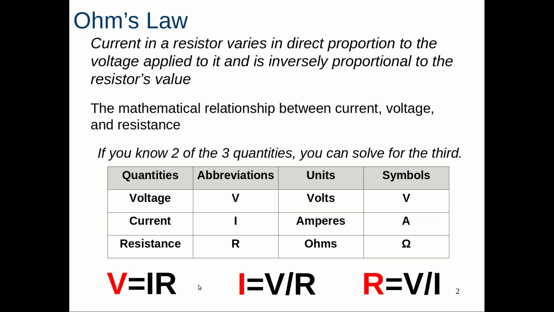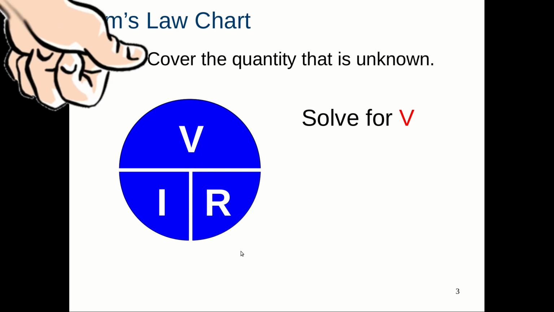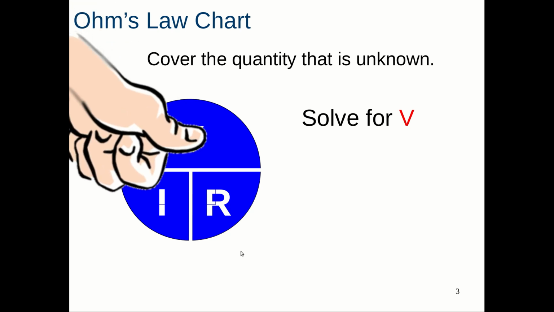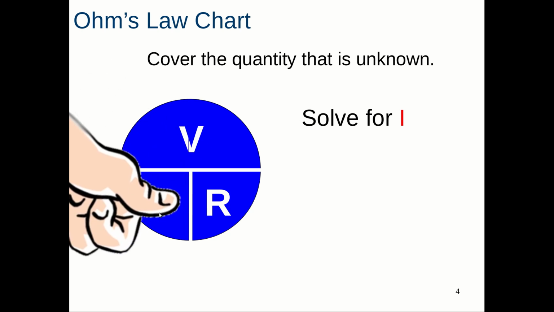So this is a very important law in electrical engineering. If I have two pieces of information, I can get the other one. For example, if I have the V, I can get the I. If the V is unknown to me, I can get it by multiplying I by R. If I don't have the I, just see this circuit, I cover the I and divide V over R. This is an easy way of solving.